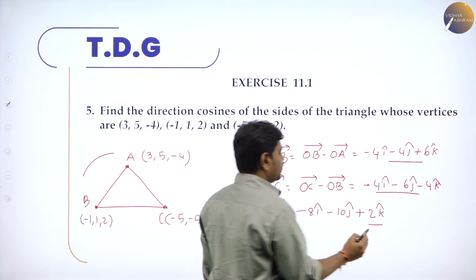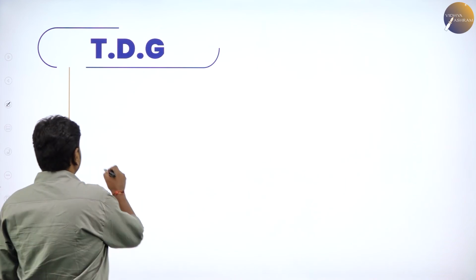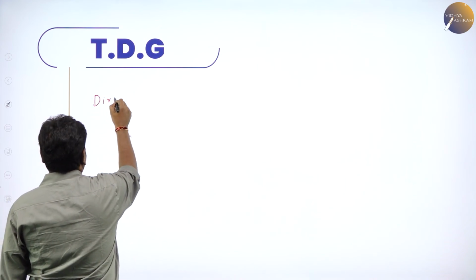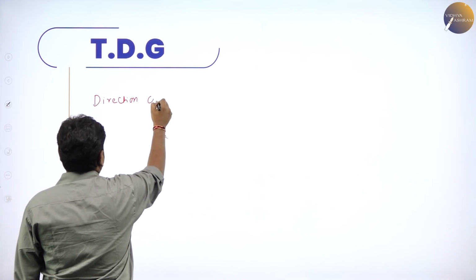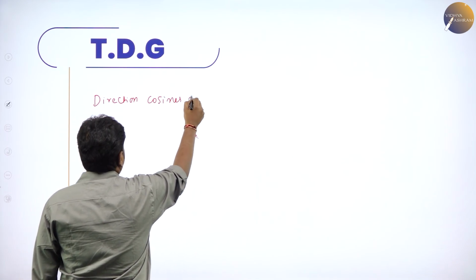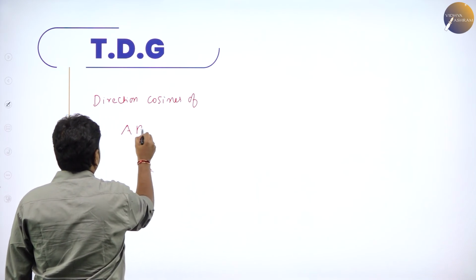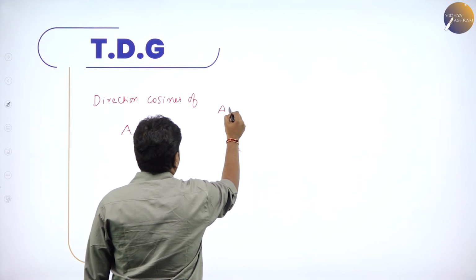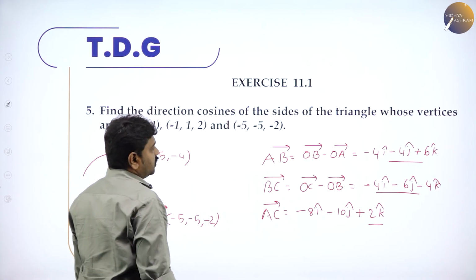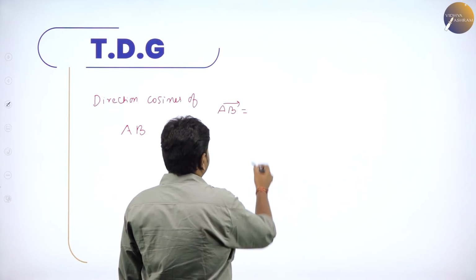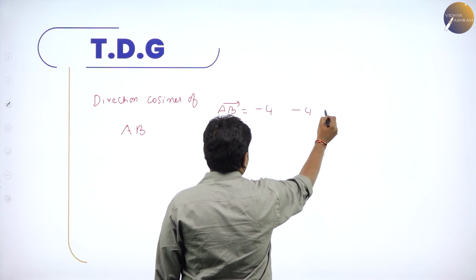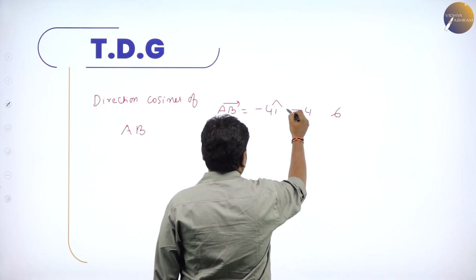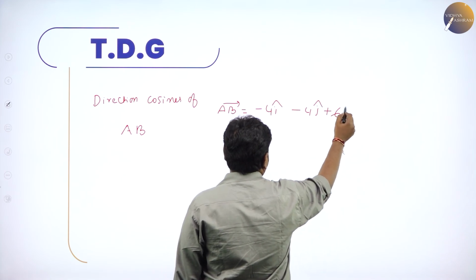You see, for every side you find direction cosines. Now direction cosines of AB. Side AB. So first we take vector AB. What is vector AB? Minus 4, minus 4, 6, i cap, j cap, k cap.